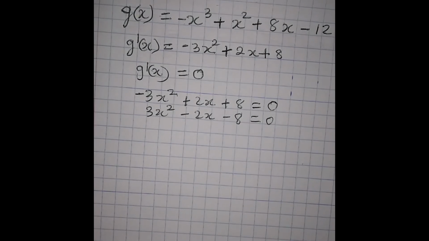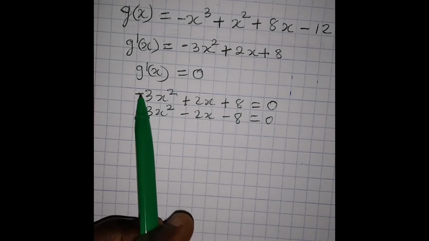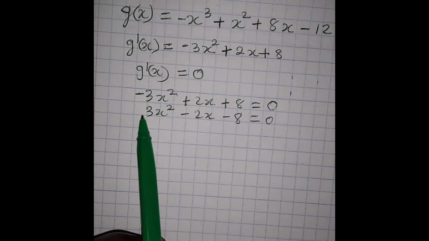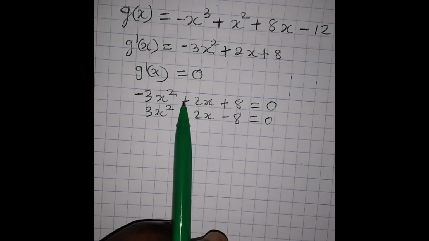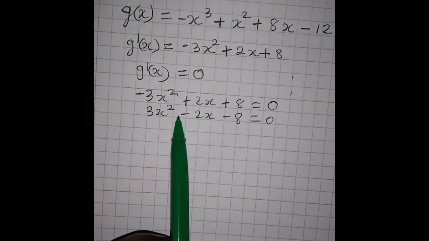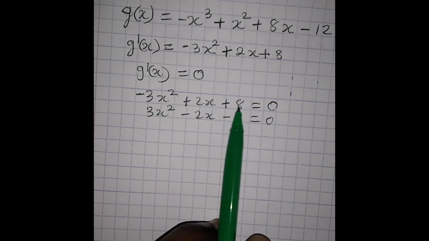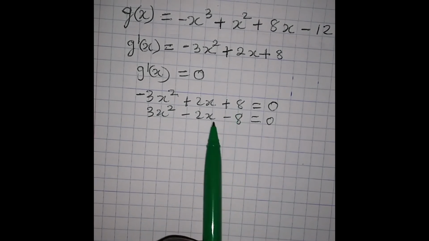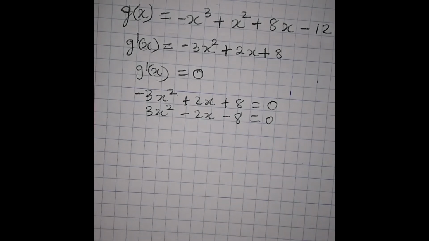So if we divide everything by negative 1, negative 3x squared divided by negative 1 becomes positive 3x squared. Positive 2x divided by negative 1 will give us negative 2x. Then positive 8 divided by negative 1 will give us negative 8, all equal to 0.